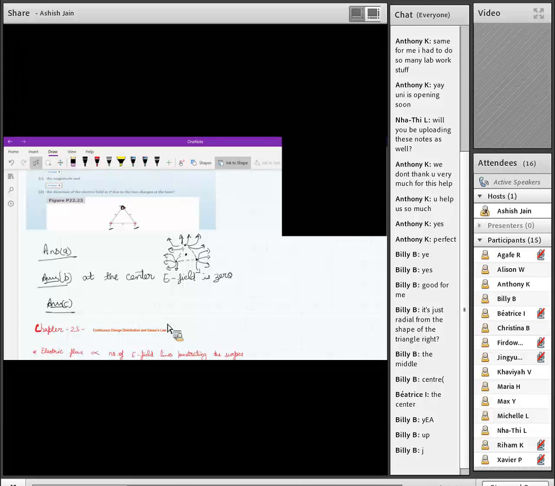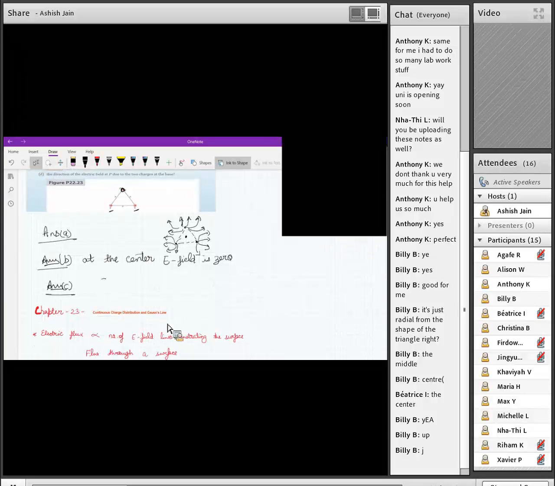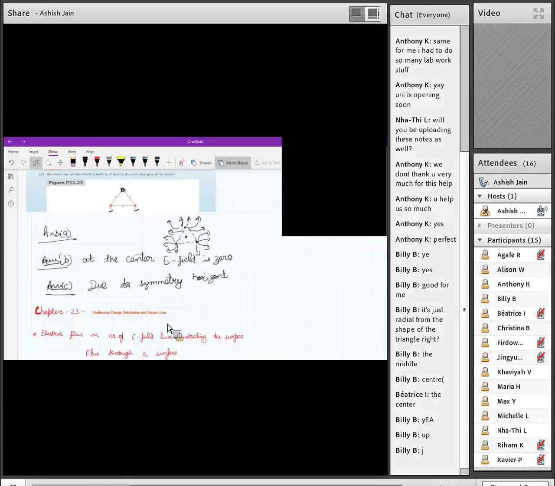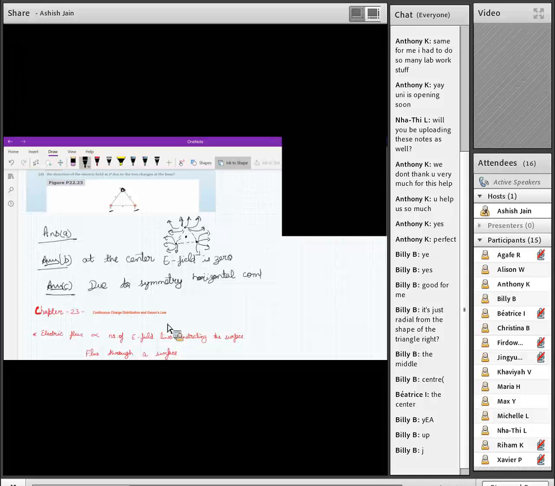As you know, you can write that simply. Electric field, again, due to symmetry, the horizontal component cancels out, and only the vertical component is left.